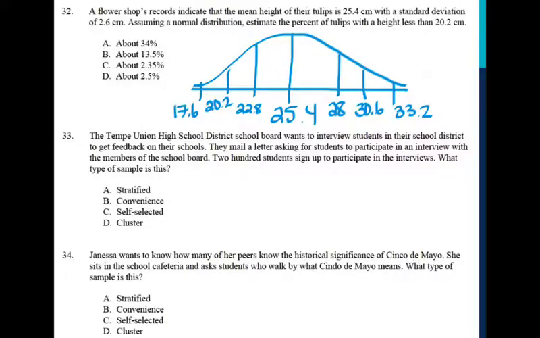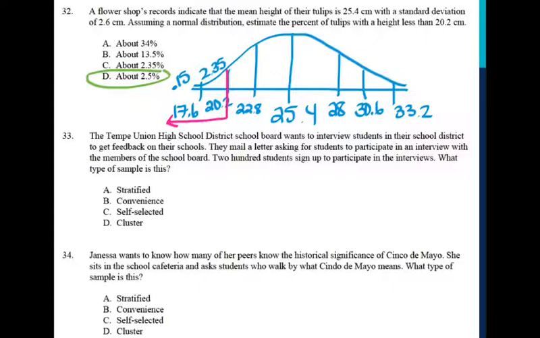And what I'm looking for is less than 20.2 centimeters. So I'm looking from here to here. So again, using the percents from the normal distribution, this is 0.15 and this is 2.35. So when I add those two together, it's about 2.5%. So D.